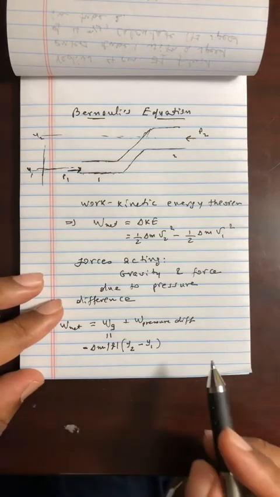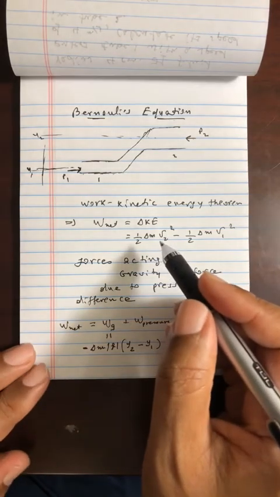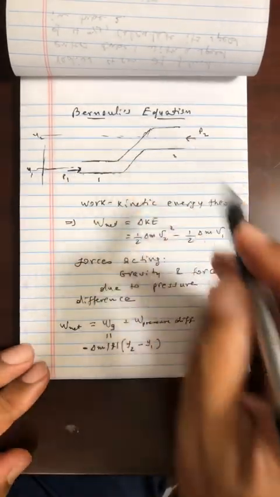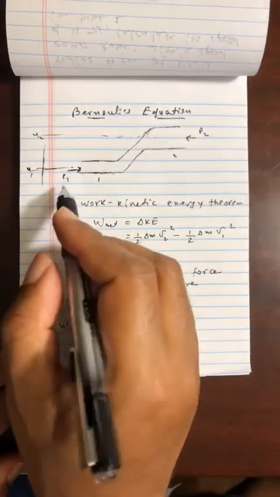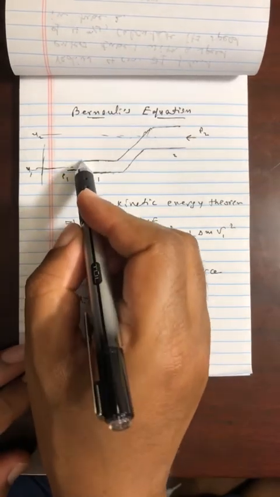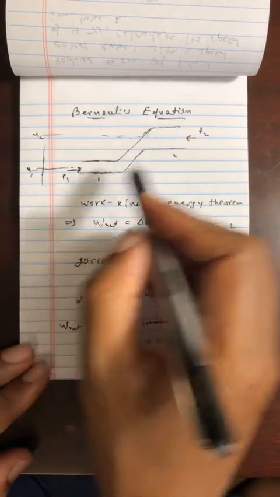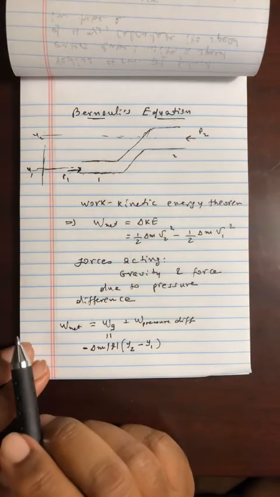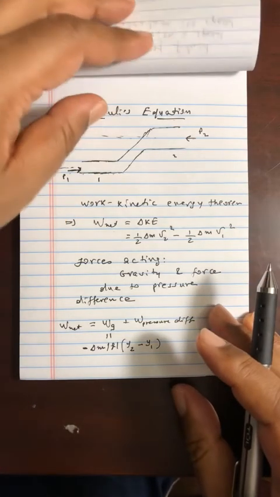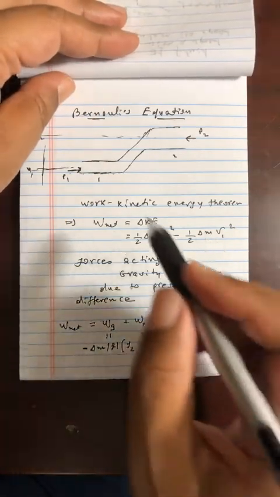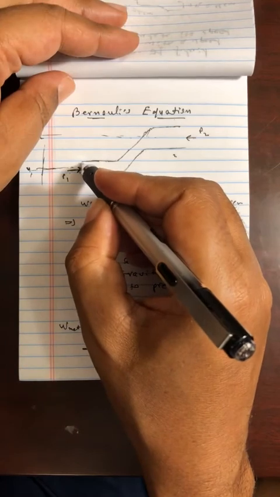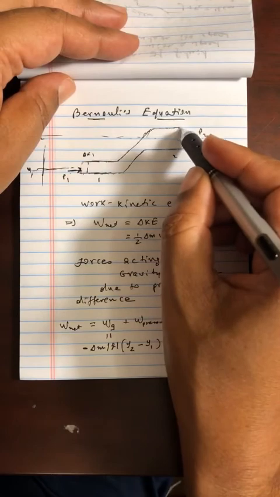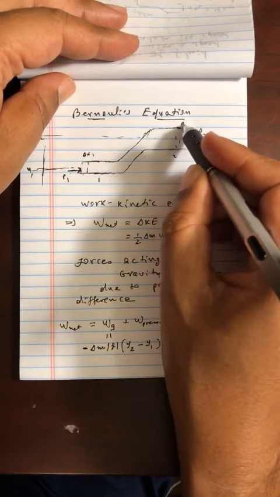How about the work due to pressure difference? So you get force from P1 and P2 over here, and the force is going to be the cross-sectional area A1 times P1, and the pressure P2 times cross-sectional area A2. Suppose this force is pushing by delta x1 over here, and then by delta x2 over here.